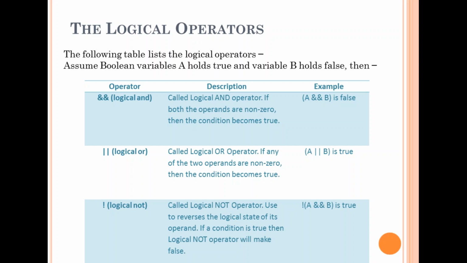A and B is false. Logical OR operator. If any of the two operands are non-zero, then the condition becomes true. A or B is true. Logical NOT operator. Used to reverse the logical state of its operand. If a condition is true, then logical NOT operator will make it false. Not (A and B) is true.